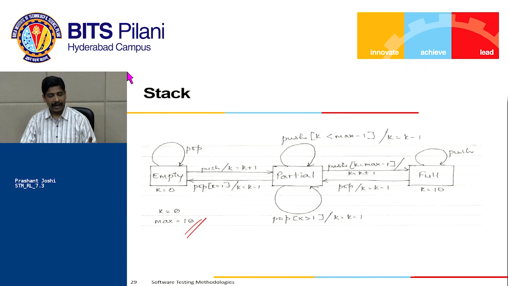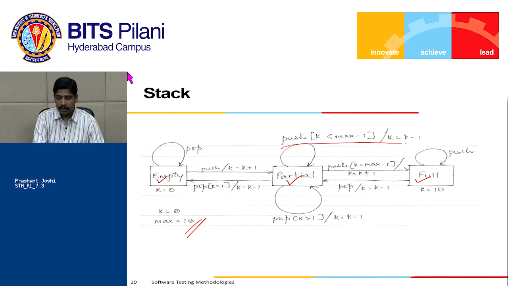And now we have transitions that happen along with the condition and also the action that takes place. So what we have is again empty, partial and full, modeled in a manner that you would have the entire state transitions happen. It takes care of the three major states and also provides more information with respect to condition and action.